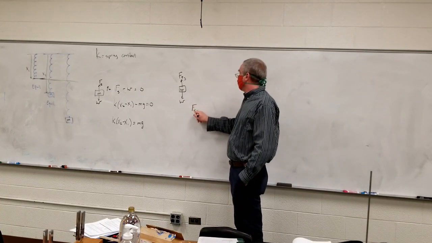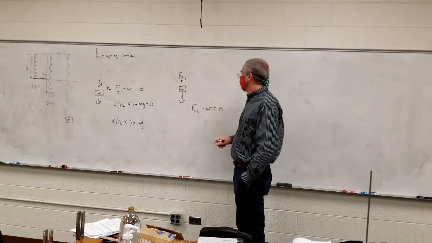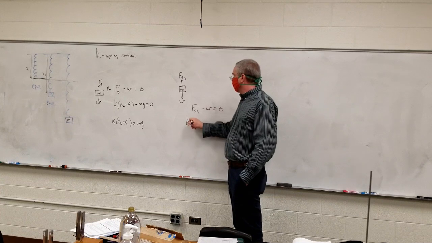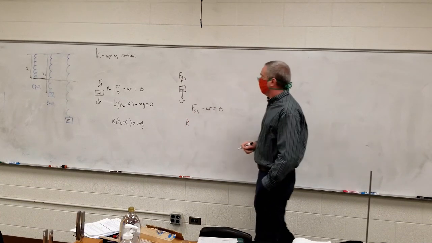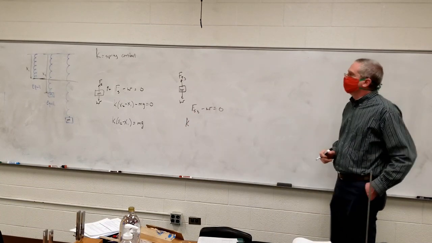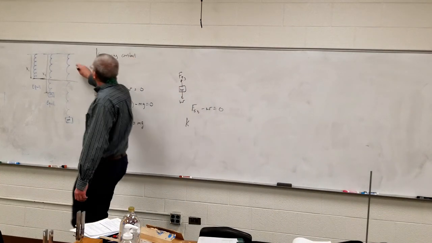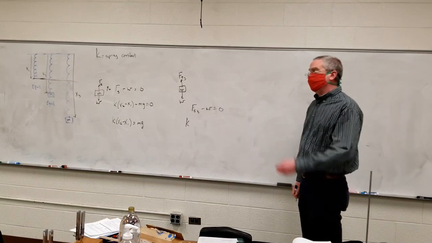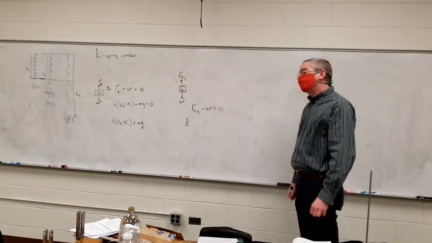So Fs3 minus W equals 0, and the spring force is the spring constant times how far the spring is stretched. And how far has the spring stretched? Oh, I didn't actually label. x3 minus x2. That's how far, in addition, I stretched it.